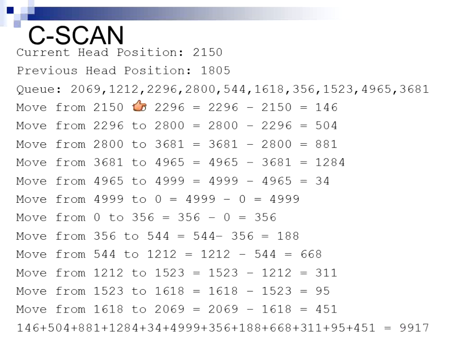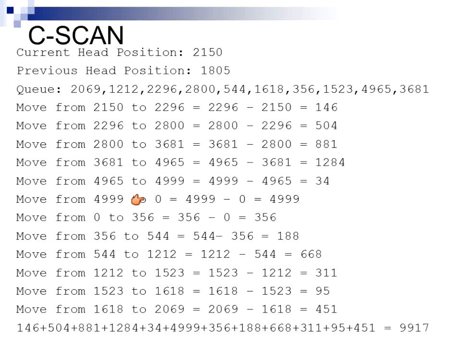So in this case, we would start again with 2296, then move to cylinder 2800, then move to cylinder 3681, then move to cylinder 4965, and because this is just C-SCAN, it would go all the way out to 4,999 before it would go all the way back to 0.